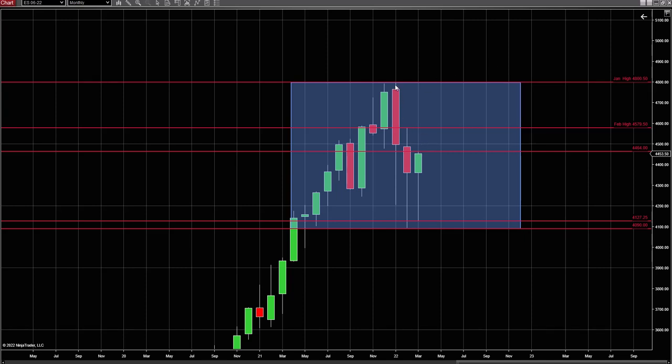So monthly time frame, as we see, the market is in balance on a larger time frame, balance within 10 months balance. So here we have 1 2 3 4 5 6 7 8 9 10. So it's quite in a balanced time frame.